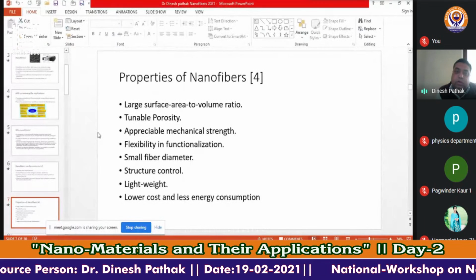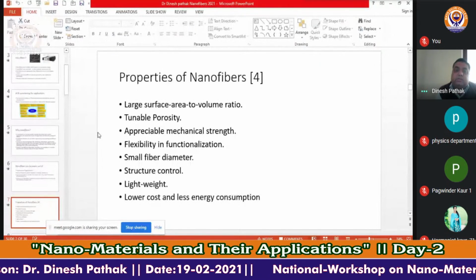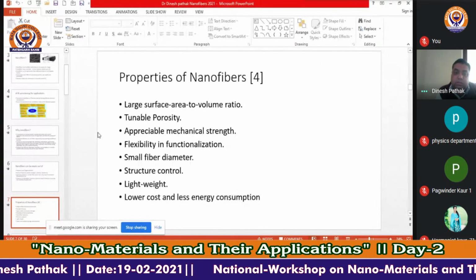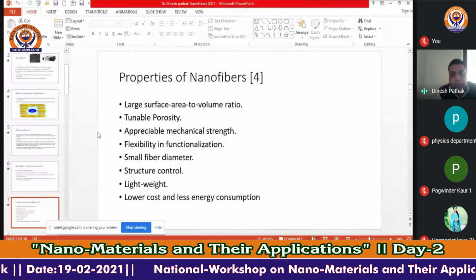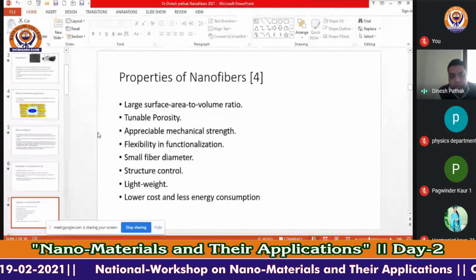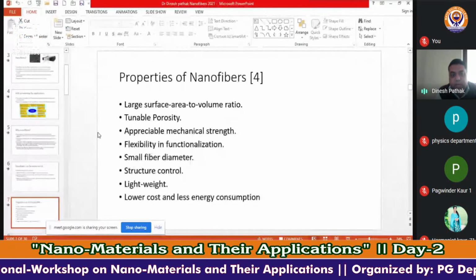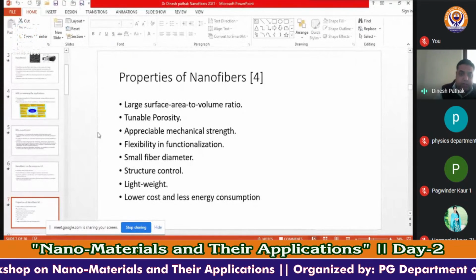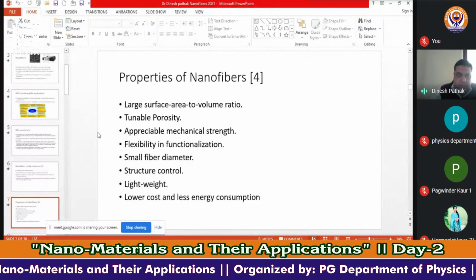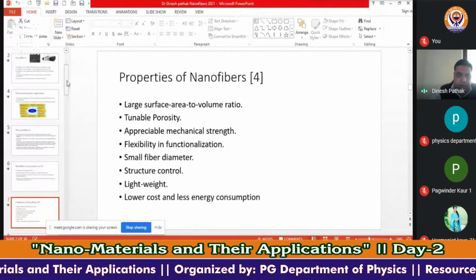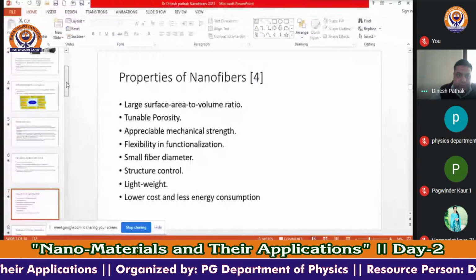If we want to stop various viruses, either novel coronavirus or Hanta or Ebola, we can fix the porosity according to that, smaller than the size of the virus. So these are some ways that nanofibers are helpful.